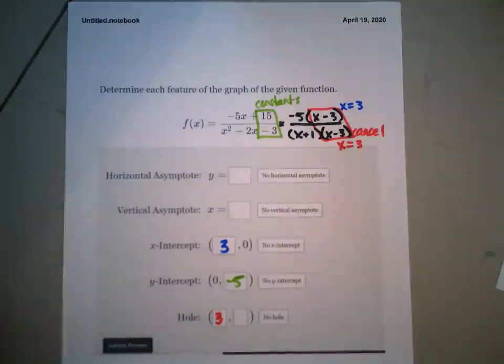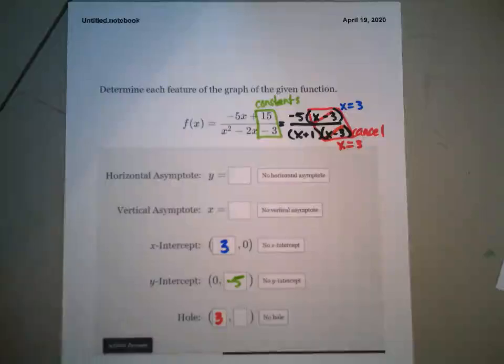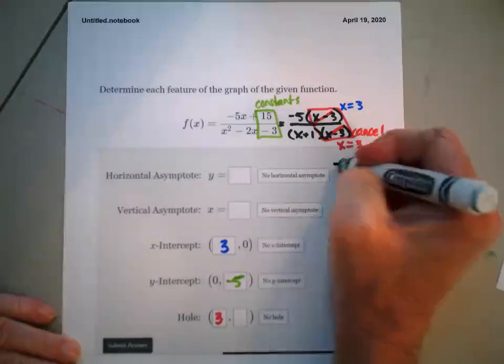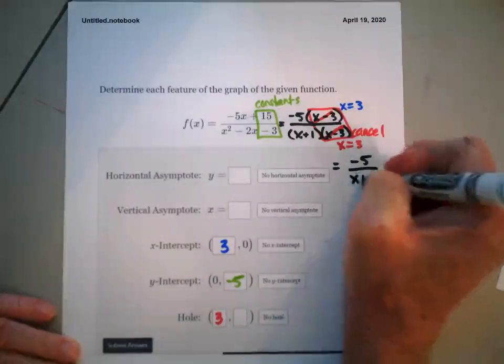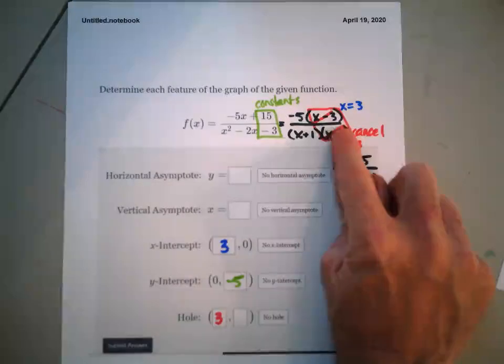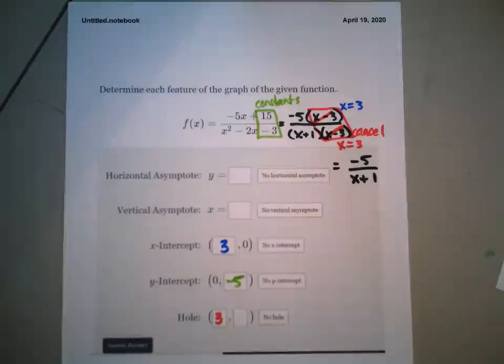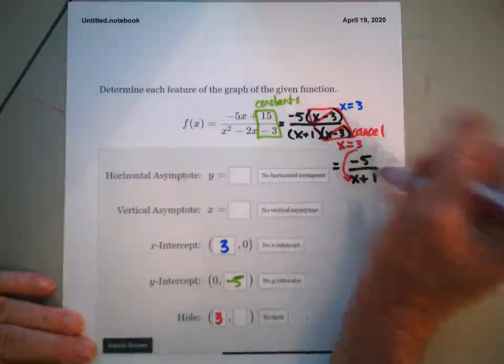In the rest of the problem, this x minus 3 and this x minus 3 are gone for the remainder of the problem. What remains from our problem is negative 5 over x plus 1. That's what remains after the x minus 3's cancel. So we're now going to substitute this 3 into the problem.